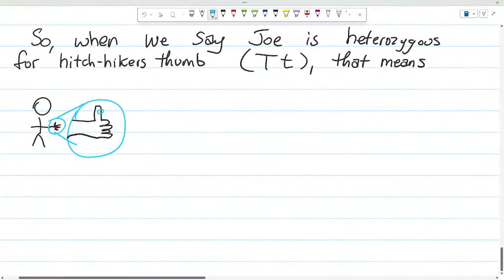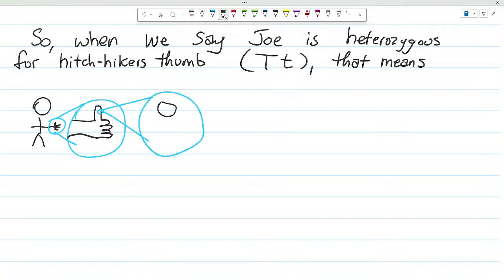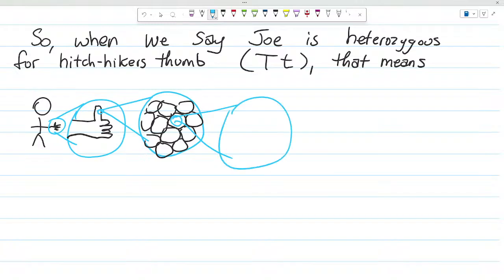And if we zoomed in on that, we would see, of course, that it is made of cells, right? And if we zoom in on one of those, we would see that the cell contains a nucleus, and inside the nucleus is a bunch of DNA. Is that cool?